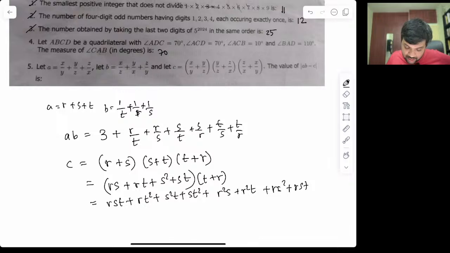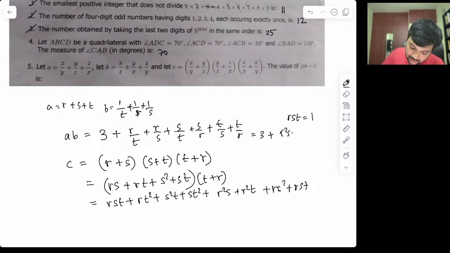So what is the relation? By writing RST equal to 1, T is like 1 by RS. So this is essentially 3 plus R square S plus R square T plus S square R plus S square T plus, simply I should have maybe kept it with XYZ only.